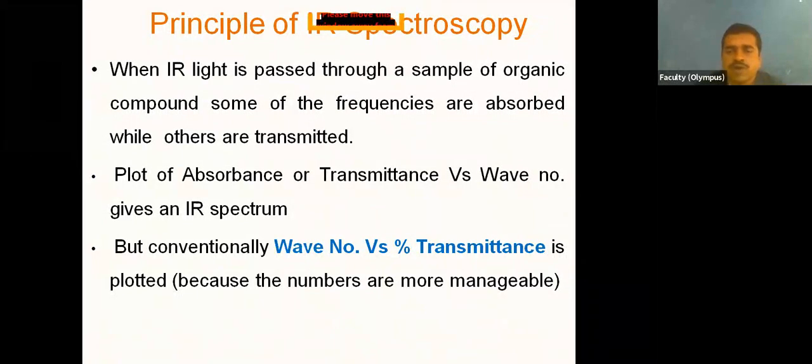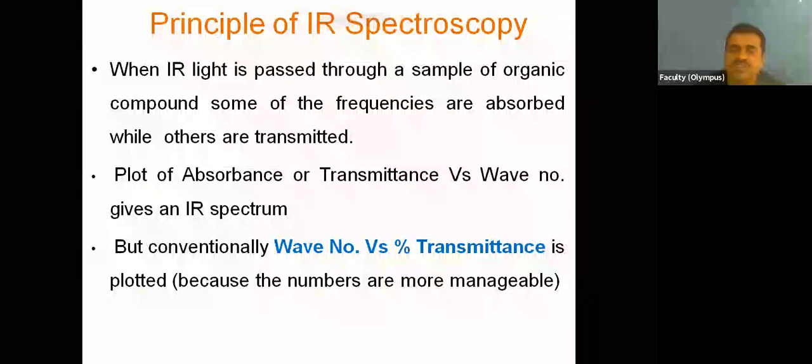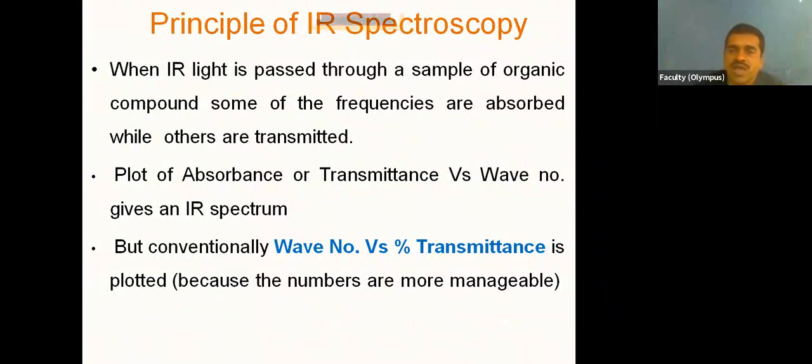Suppose we have irradiated 100 waves, 100 radiations through that sample, and 10 radiations were absorbed, 90 radiations were transmitted. Then its transmittance is 90%, as 90 radiations were transmitted.